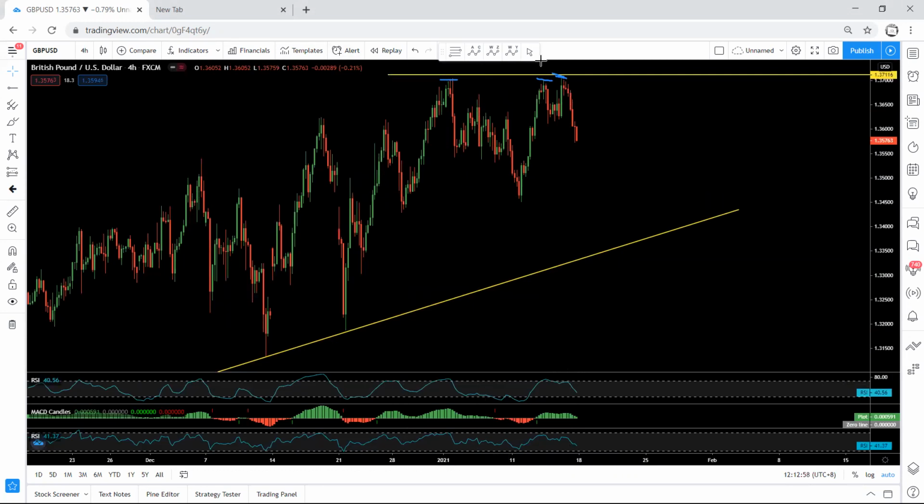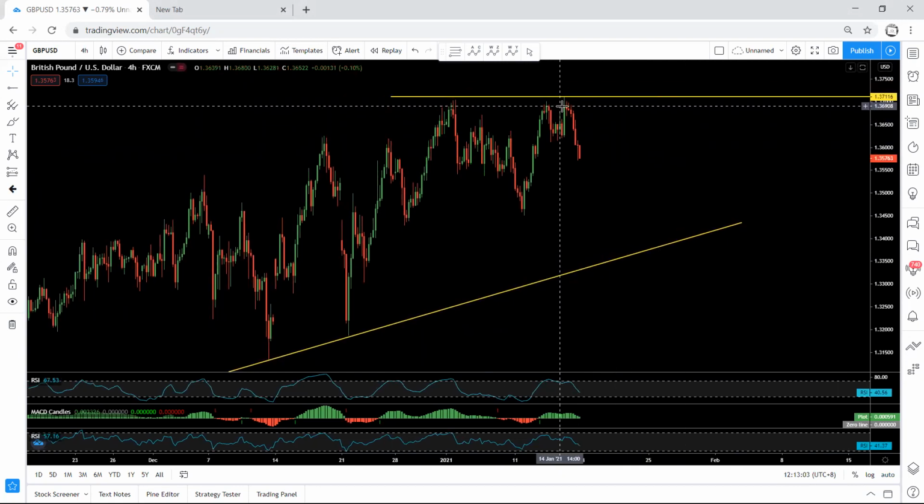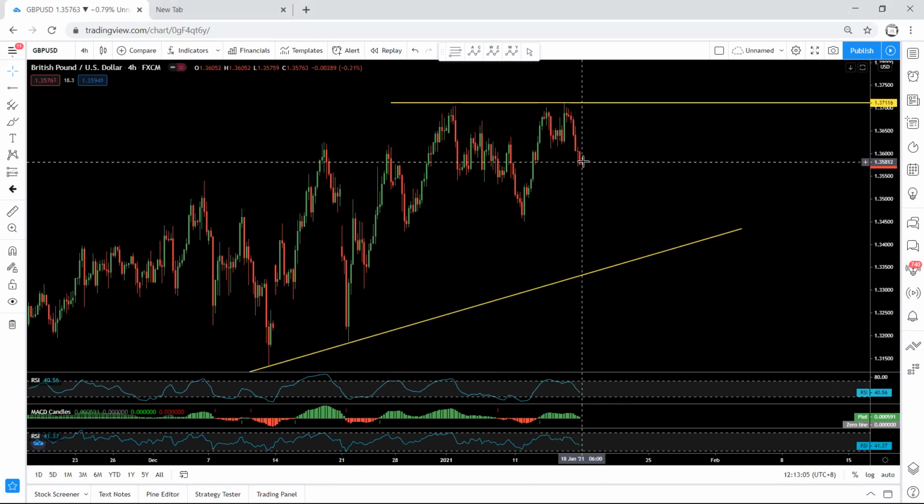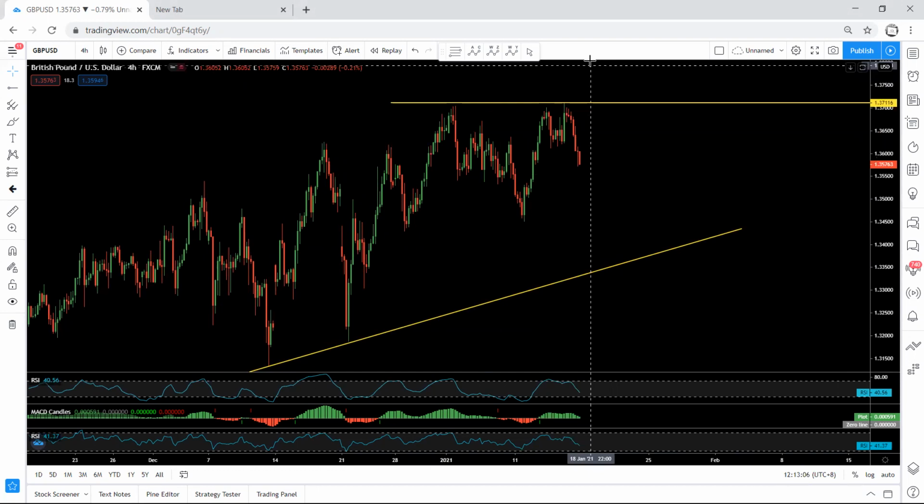Now, based on what I mentioned, based on the divergence information, can we conclude this is the start of the down move? That means next week, if we get any correction here, we can sell.